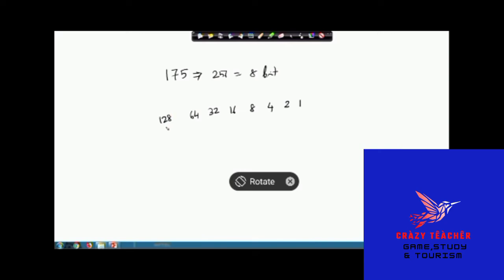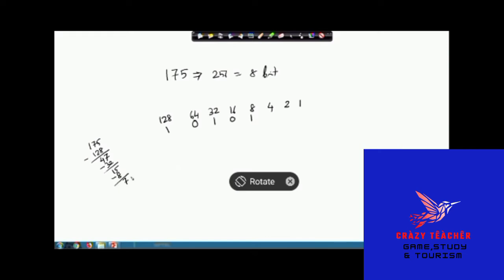In an 8-bit number system, if I write from the LSB side, first is 1, next is 2. I am just writing the positions that we have written here, so 1, 2, 4, 8, 16, 32, 64, 128, 256. This is the 8-bit range that we have.